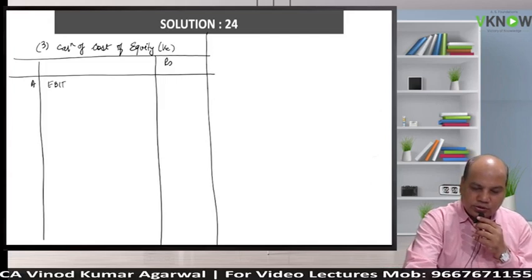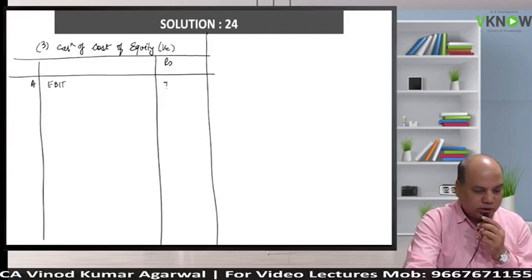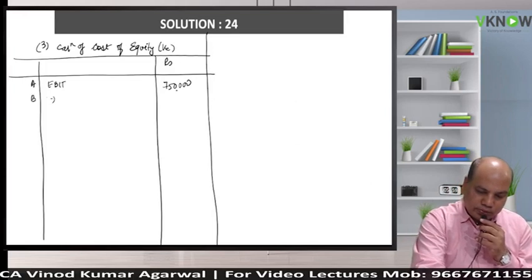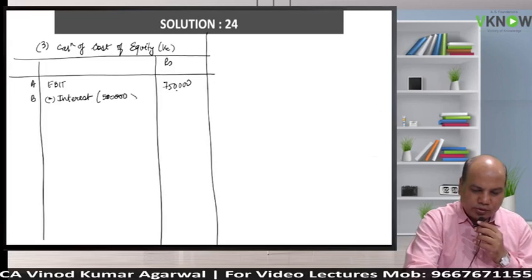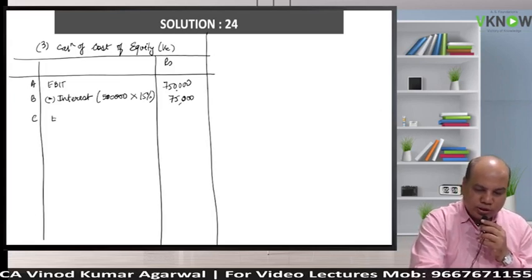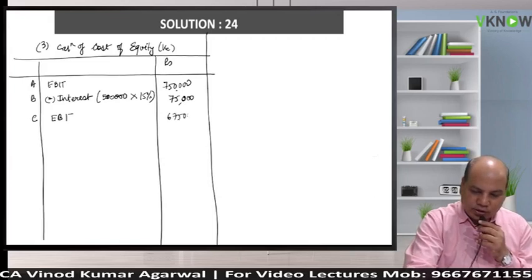EBIT. How much is EBIT? 7,50,000. Point B, less interest. So interest is 1 lakh. 5 lakh is the debt and the rate is how much? 15%. So you should write the calculation also, so that later there is no confusion. So you get EBT 6,75,000.